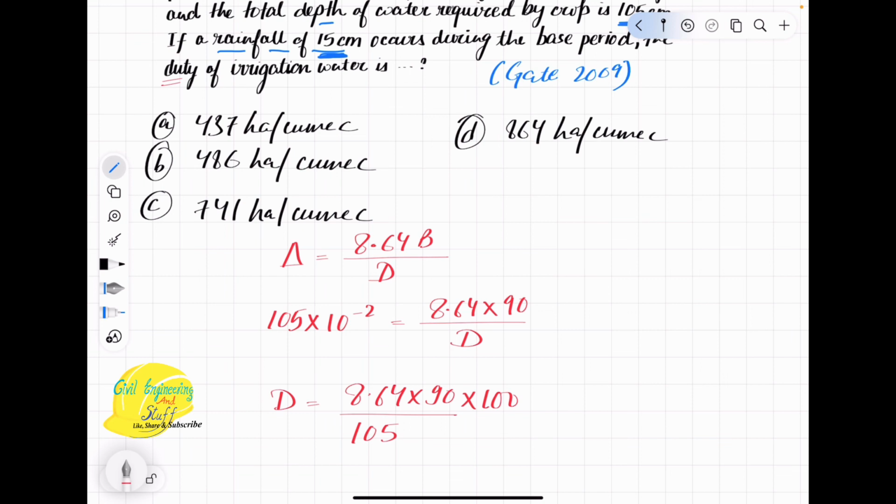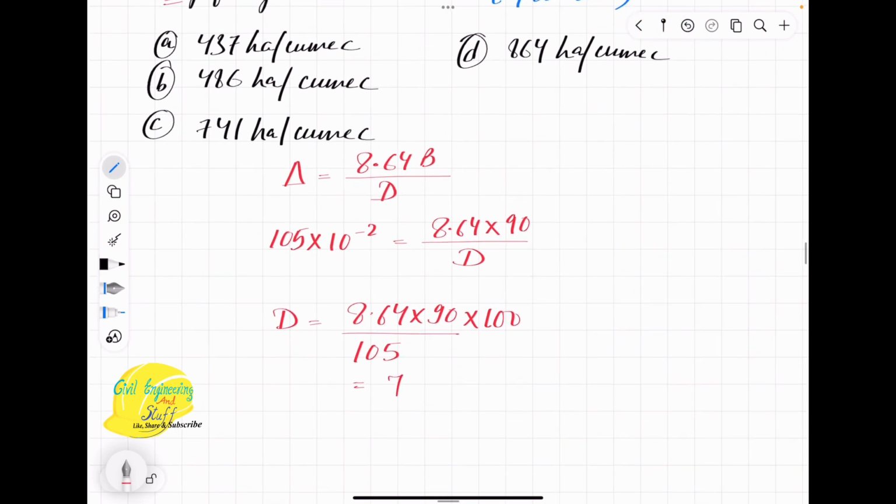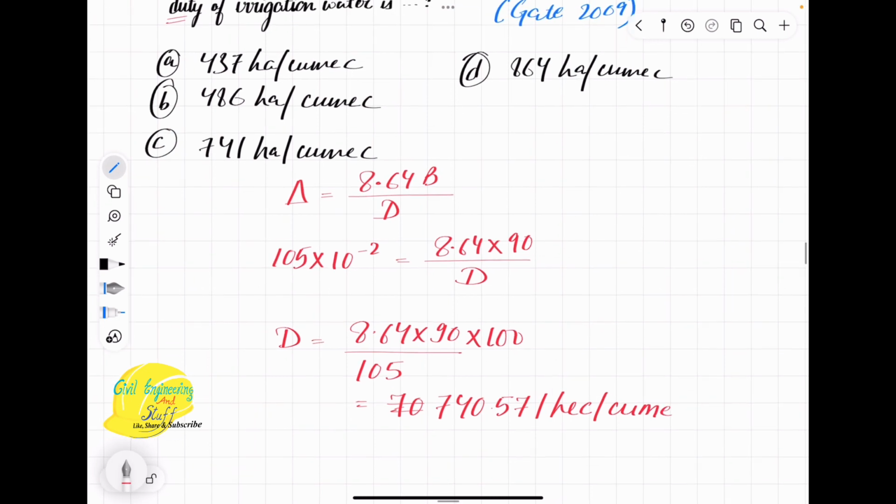I hope you are solving as we move along. The answer here will come out to be 740.571 hectare per cumec. That will be the answer if we solve like this.